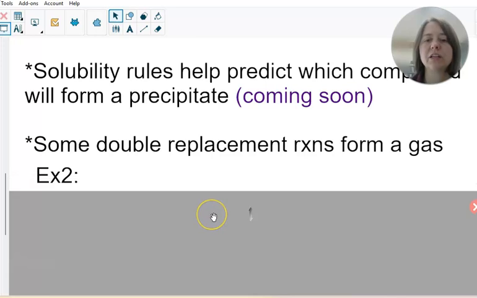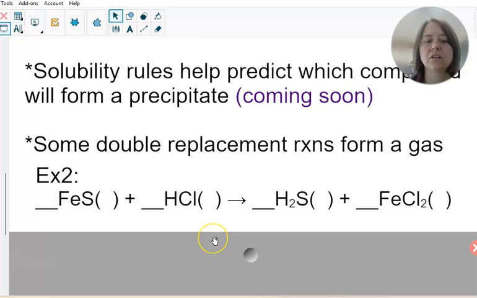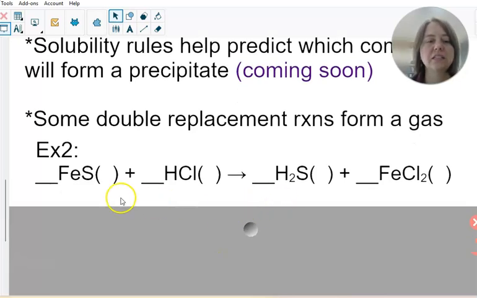So some double replacement reactions form a gas. So please write down this equation. So iron 2 sulfide reacts with hydrochloric acid to make hydrogen sulfide and iron 2 chloride.